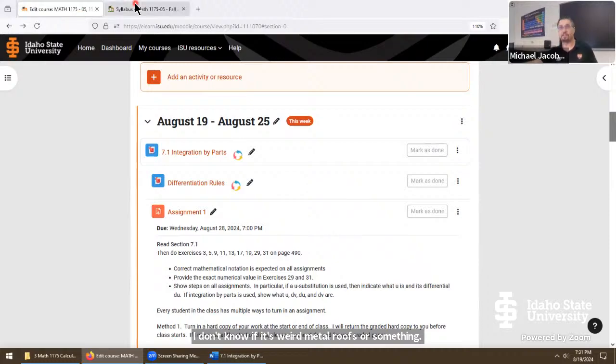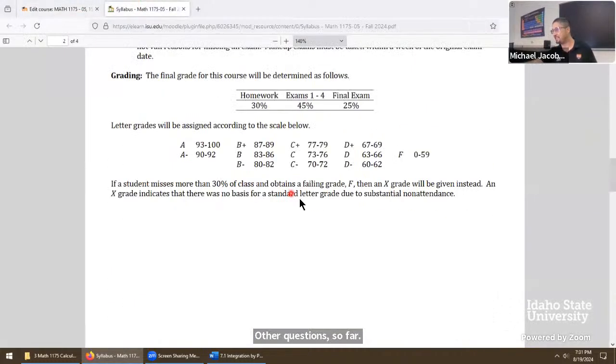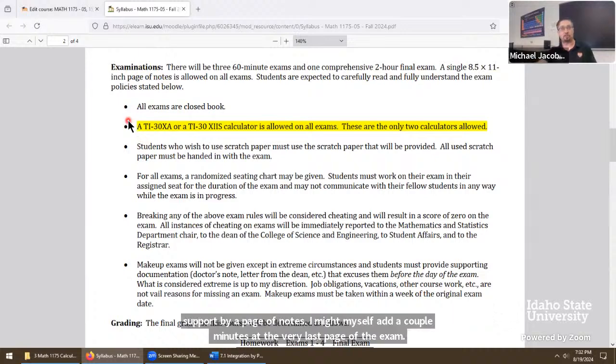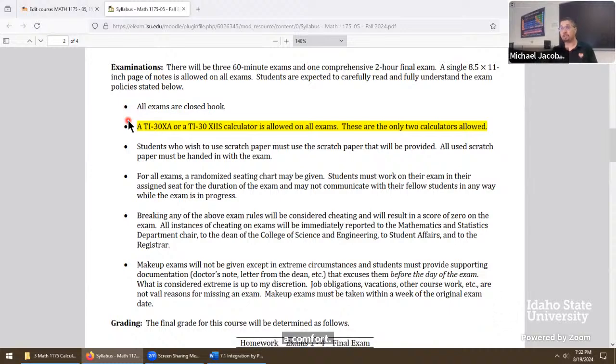Okay, I figured out where I left off. So we were talking about examinations. There's a lot of stuff on here, but in essence, it'll be closed book. You'll have support by a page of notes. I might myself add a couple of formulas at the very last page of the exam. Good idea to bring a calculator, just extra support, it's a comfort, but you'll know which questions are calculator questions. They're gonna be pretty obvious.